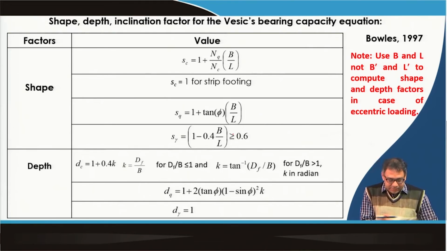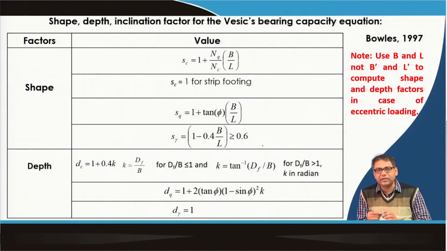And Dc, because there is no option for the phi equal to 0 case, it is a general equation for any phi, similar to Hansen. For Dc we can use these expressions for any phi, in two cases: one if Df by B is less than or equal to 1, another if Df by B is greater than or equal to 1. And then Dq I will get from this equation, and D gamma is 1 like Hansen.